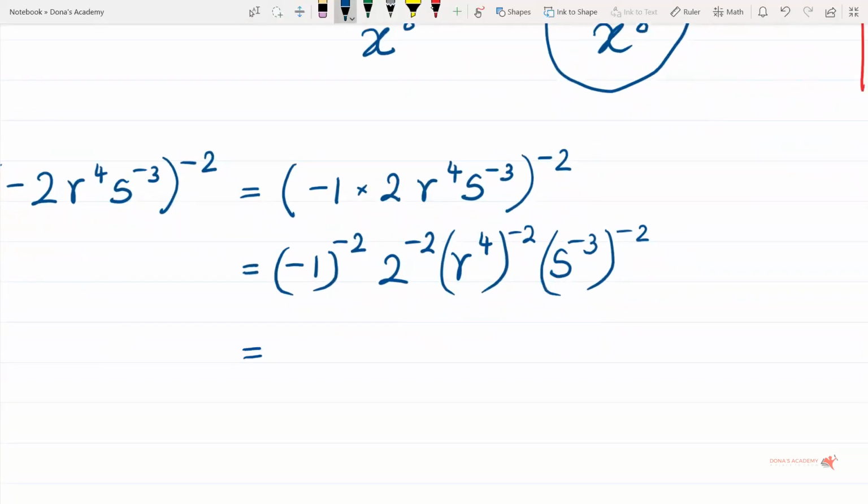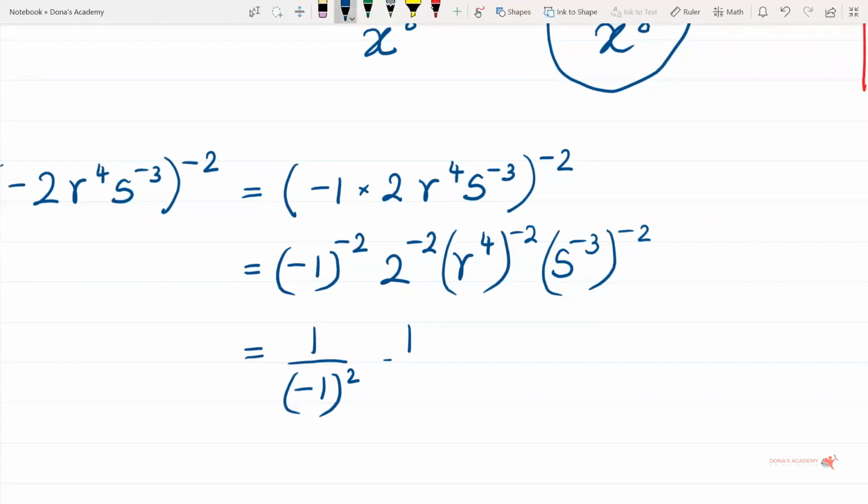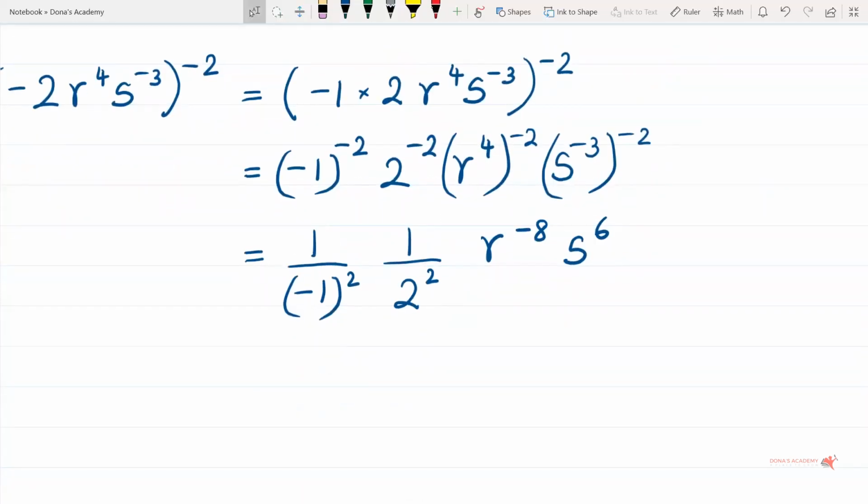Now what is this? Negative 1 to the power negative 2. This is the same as 1 divided by (-1) to the power 2. Don't forget these parentheses, they are very important. And this is 1 divided by 2 to the positive power. And this is r^-8 s^+6. Still we see negative powers.